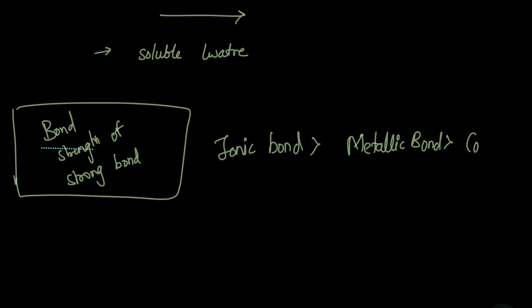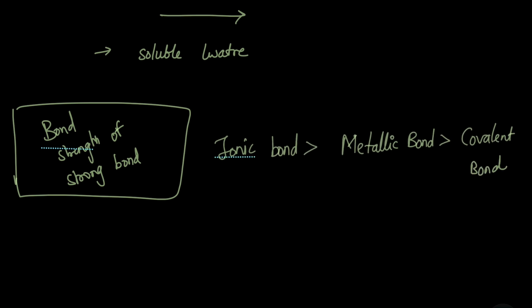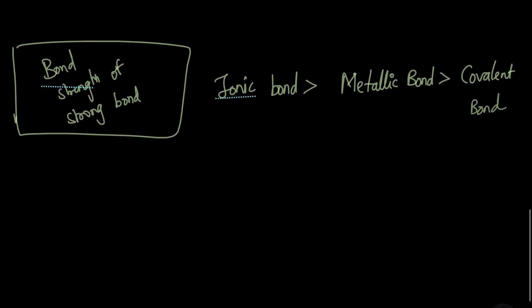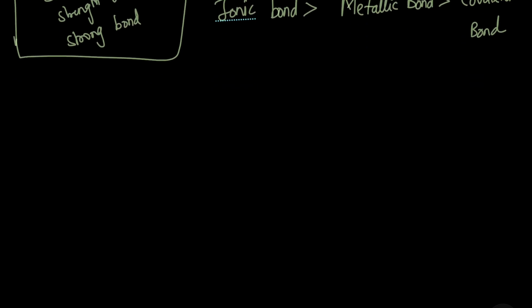Then we have covalent bond. Bond energies we will discuss afterwards when we are going to compare the strong bonds and weak bonds together. So let's start with the weak bonds.